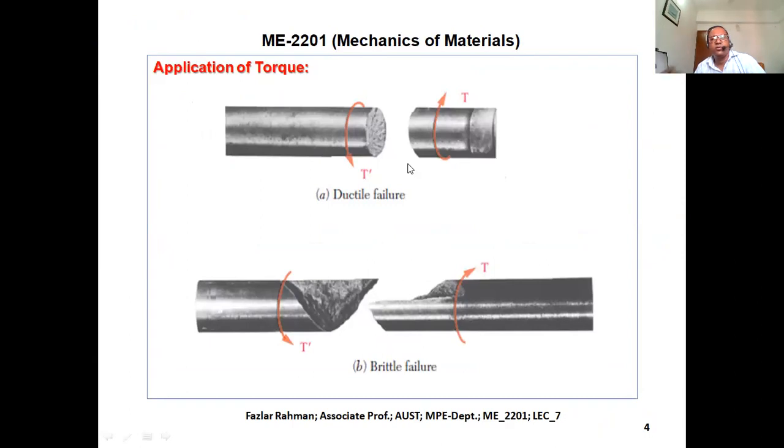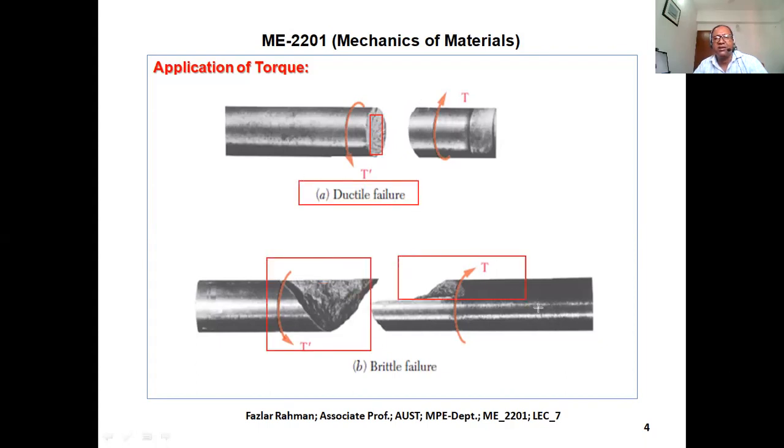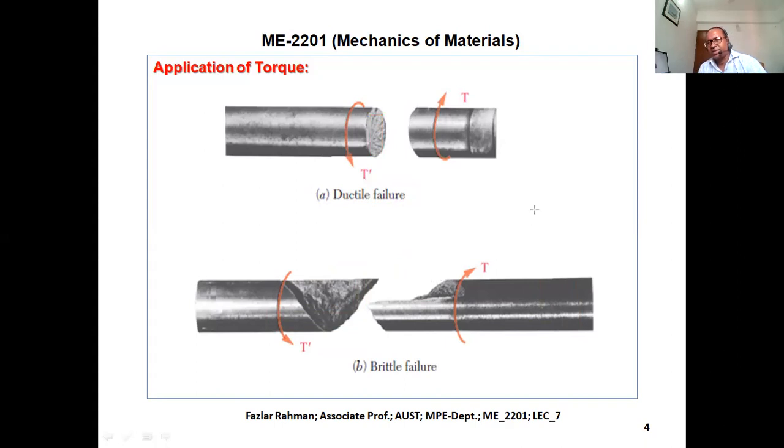Okay, so if you apply torque, inside the material it experiences shear stress and it becomes two parts. This one is for ductile material and this one for brittle material. So whenever you design a shaft or any other object that carries torsional load, we need to make sure that your structure does not fail.